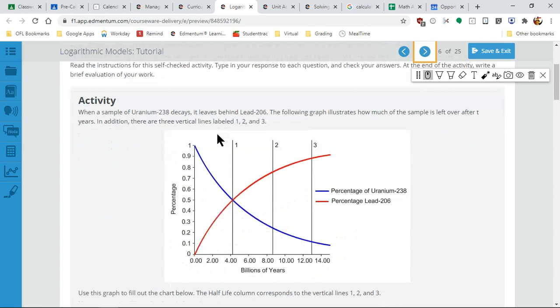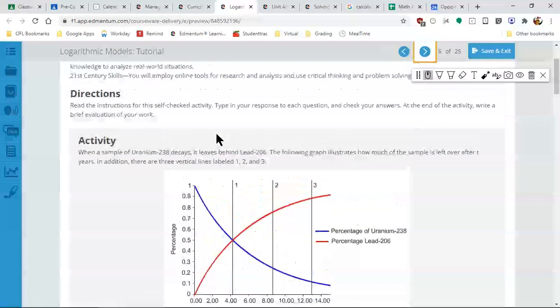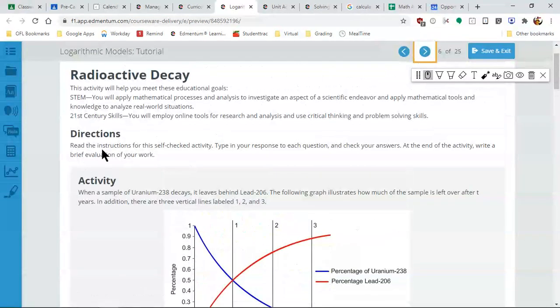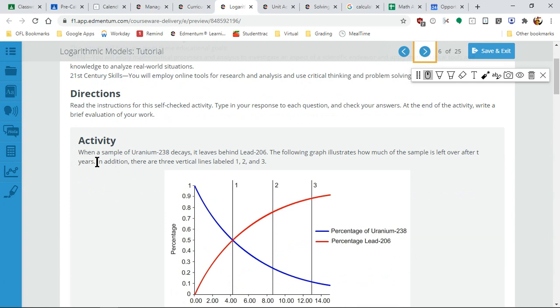So if we look at this activity, it's talking about STEM. Read the instructions on the self-checked activity, type in the response here. When uranium decays, it leaves behind some lead.